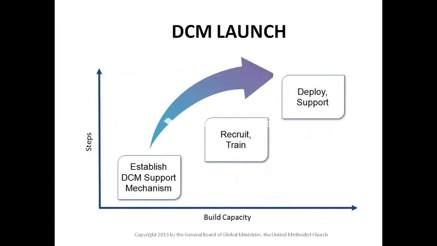The structure for DCM must include the means to recruit, train, and support the case managers. Before you launch a process, you need to make sure that you have a way to recruit, train, and deploy. And how you do that is by building capacity, establishing groups, and taking the necessary steps to do so.